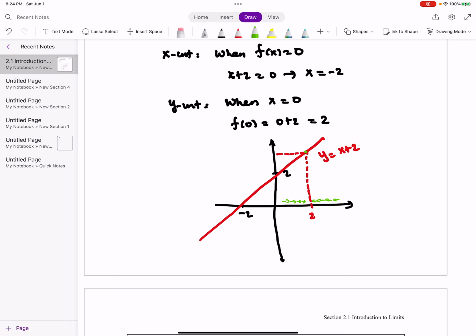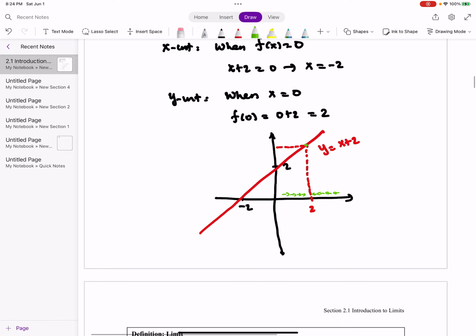What will be this value? The limit is written as the value when you are approaching x from the left side, with the notation of a negative sign on top, of f of x. That is, you plug in 2 plus 2, which is 4.